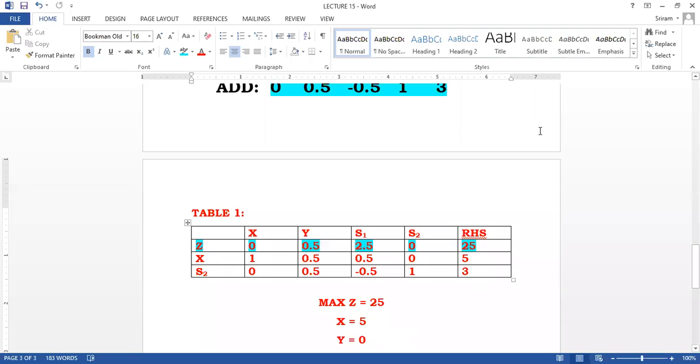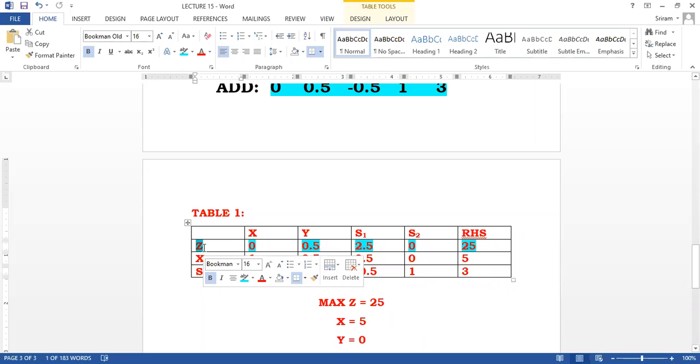Everybody understand the idea, dear? Again, I am going to check the variables here. I am having Z, X, S2.